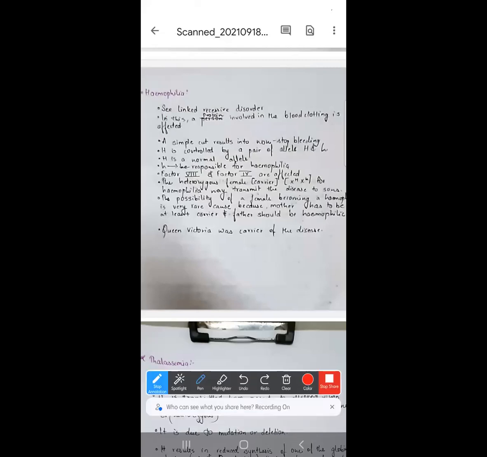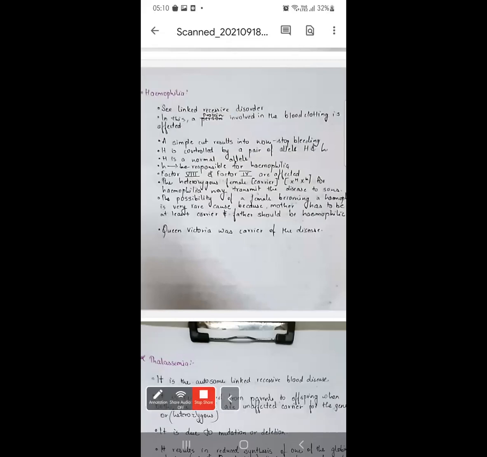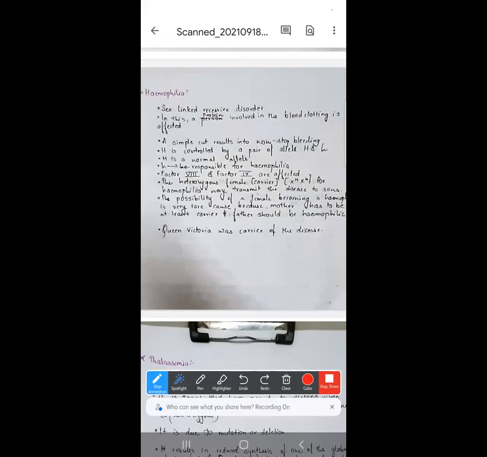It is a sex-linked recessive disorder. In this, a protein involved in the blood clotting factor is affected. We have studied this in the circulation chapter of 11th standard.